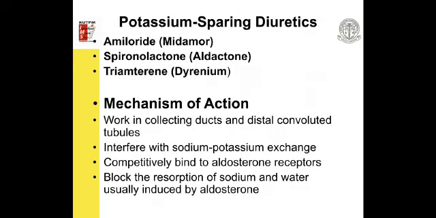The potassium-sparing diuretics are amiloride, spironolactone, and triamterene. They act in the collecting tubules and the ducts with distal convolution. They interfere with sodium-potassium exchange. They competitively bind to aldosterone receptors and block the resorption of sodium and water usually induced by aldosterone.